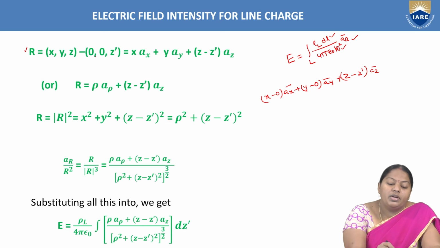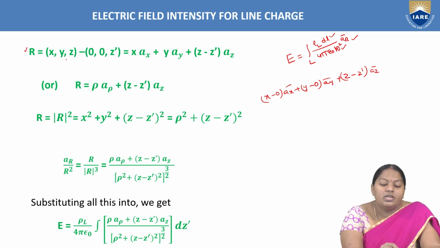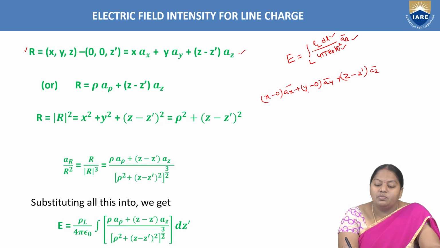So here the x component is x, the y component is y, z is z. But in the source point, the x and y components are zeros and there is only a z component. Then the distance between the two is given by x minus 0 into ax plus y minus 0 into ay plus z minus z dash into az.